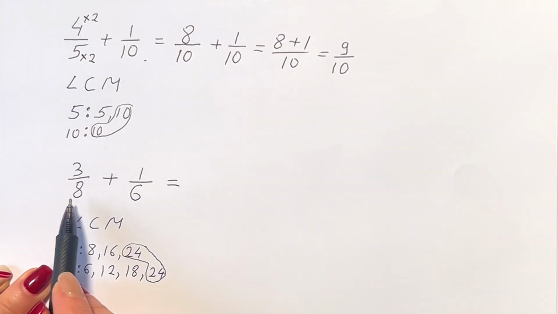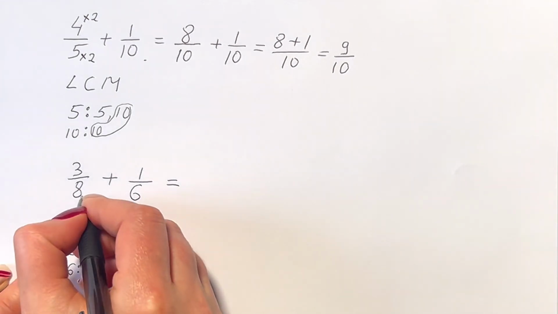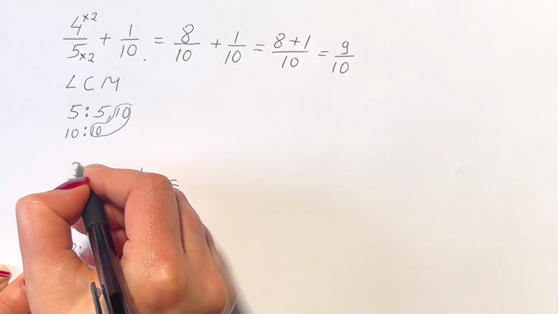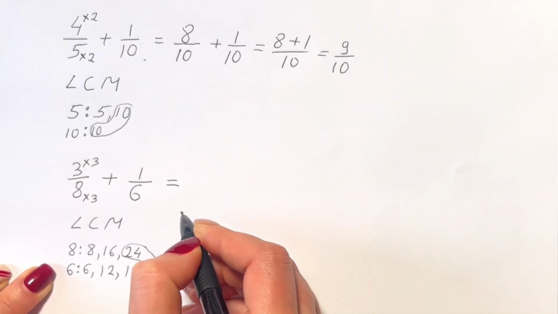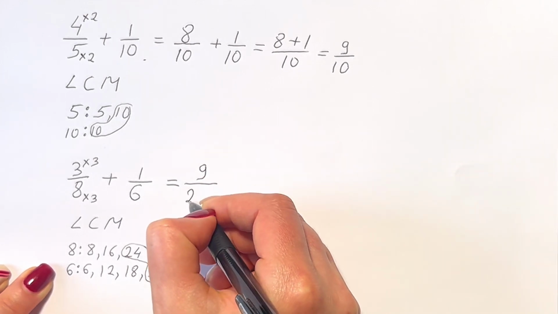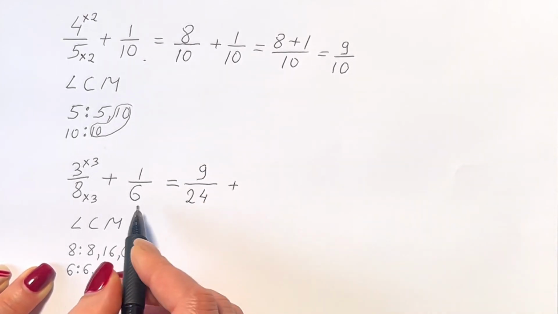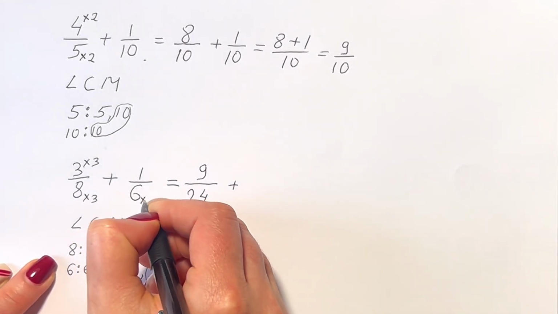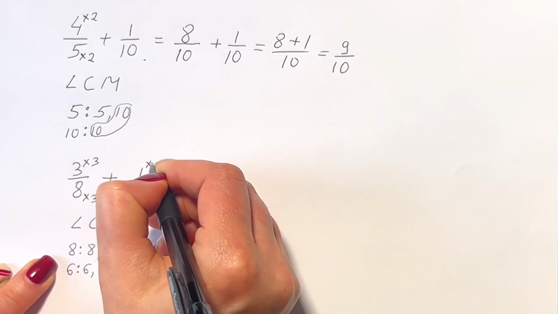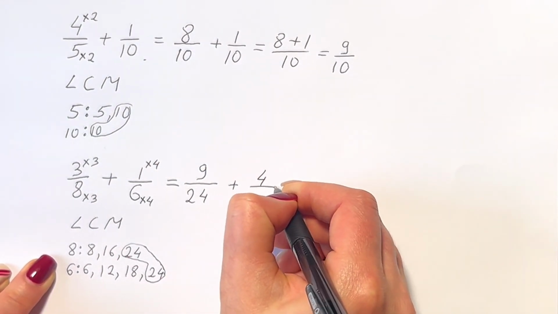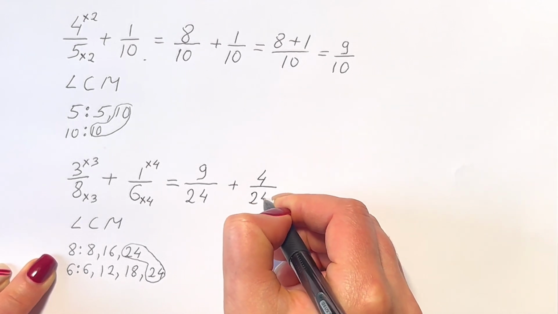So how to make this 24? 8 times what is going to be 24? 3. But you remember, we have to do the same thing to the numerator. So it's going to be 9 over 24. The second fraction, 6 times what is going to be 24? 4. The same thing I have to do to the numerator. 1 times 4 is 4. 6 times 4 is 24.